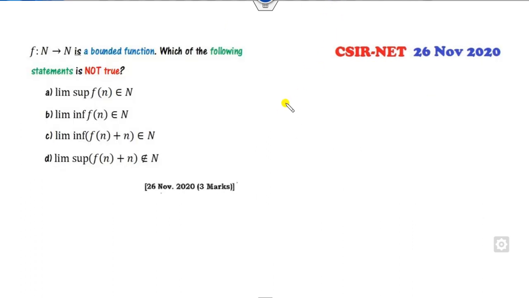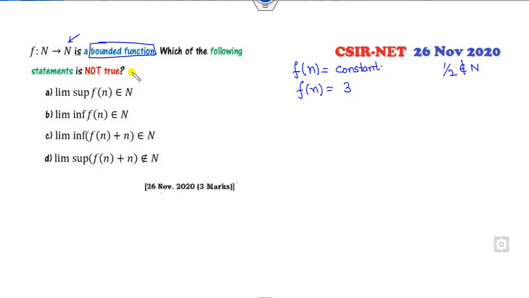Look at this another one. F is a bounded function. Can you consider any bounded function? I can simply take a constant, and the constant must be a natural number, so definitely say 3. I can't take 1 by 2, because 1 over 2 does not belong to N. Then which of the following is not true?